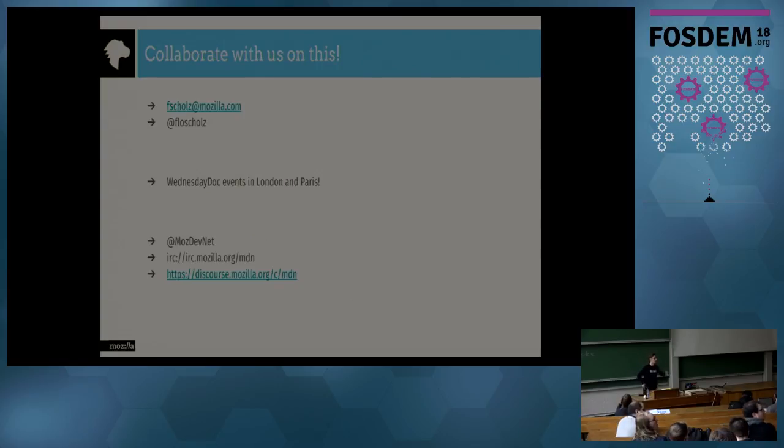So the question is about the collaboration between Can I Use and this data set, and whether it's competing or a double effort. The thing is, this data set is a lot richer because we have all the information from over 6,000 MDN wiki pages, and Can I Use has only about 300 pages listed at the moment. Both projects rely on manual pull requests updating the data.